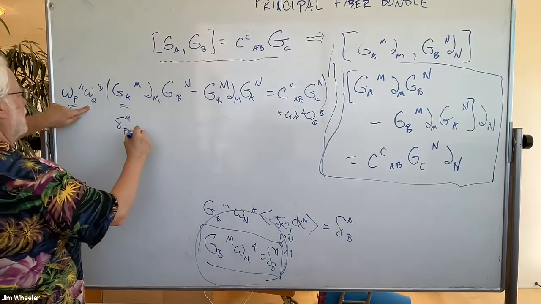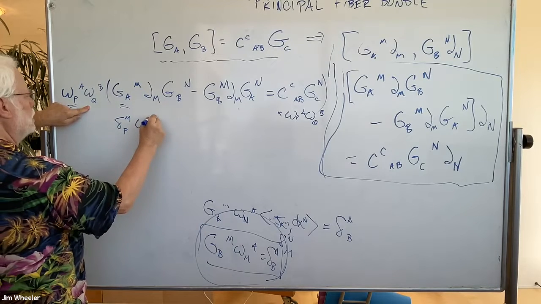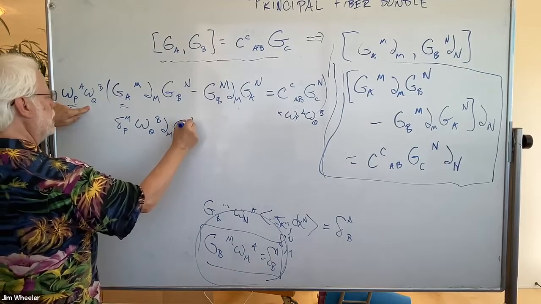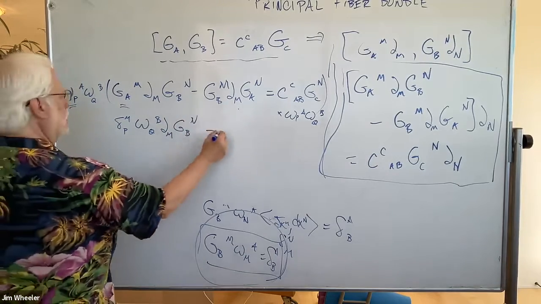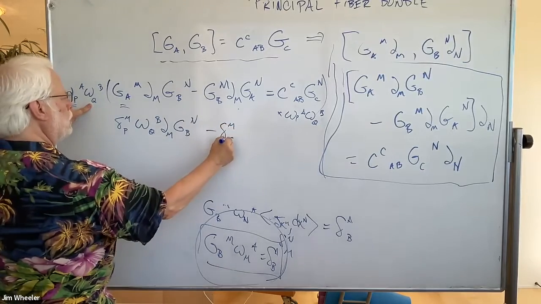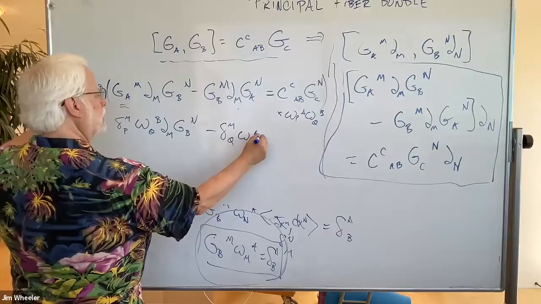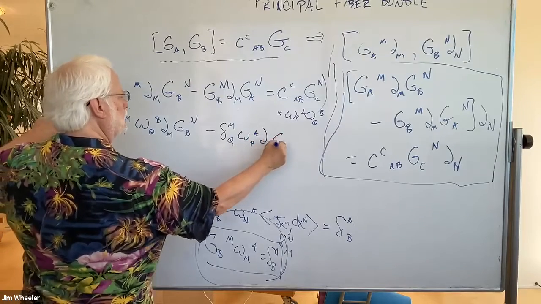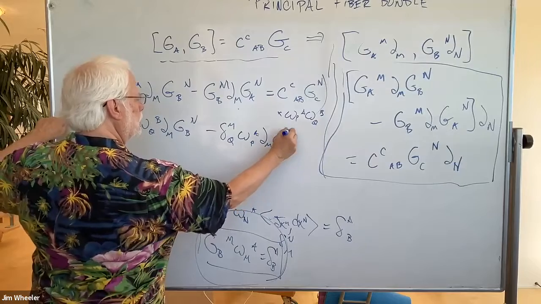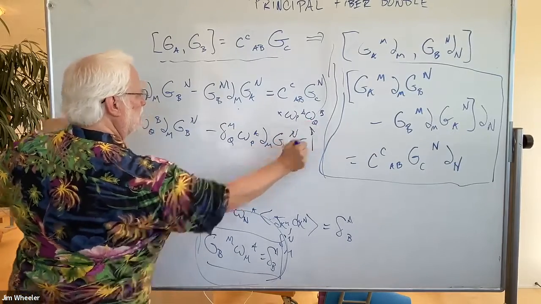And then we have omega_Q^B partial_M G_B^N. And then here, the B on this one gives a Kronecker delta^M_Q. And then we have omega_P^A partial_M G_A^N. Equal to that stuff up there.